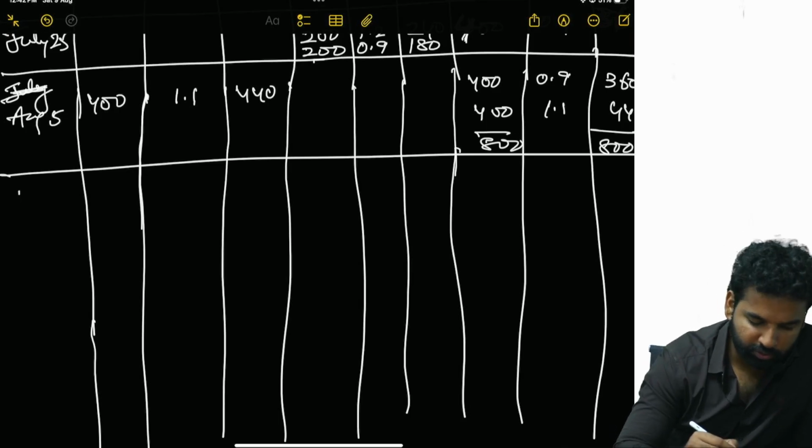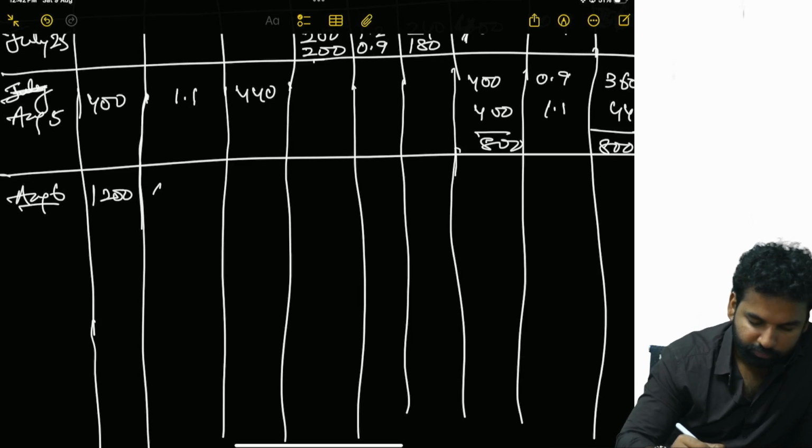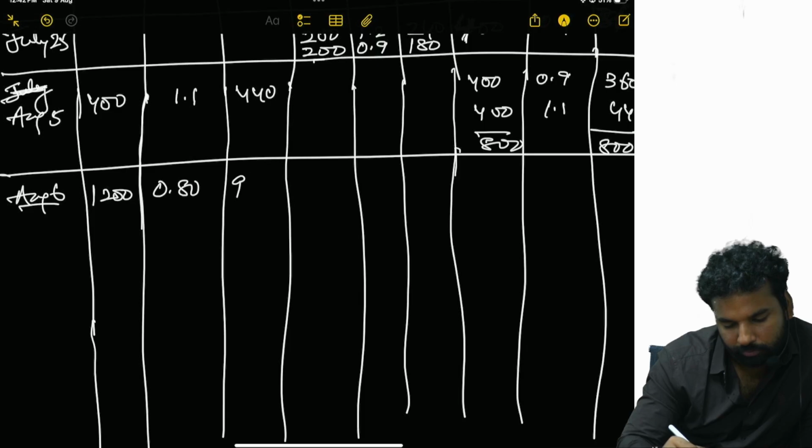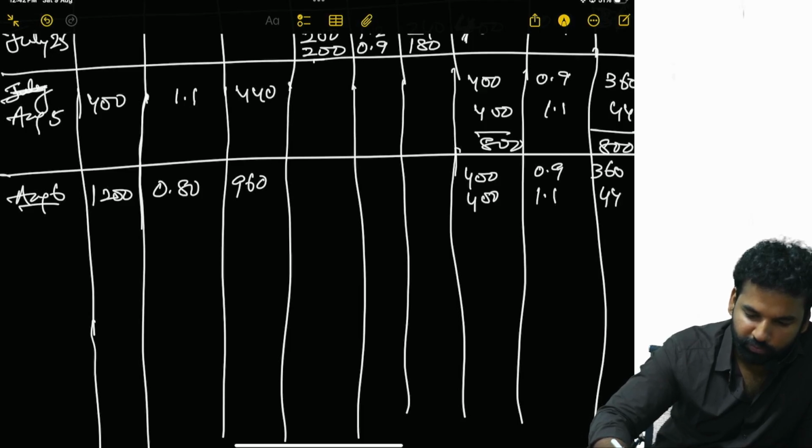Okay, next, August 6. Purchase. How many? 1200 purchased at 0.8. How much? 960. So stock will be 400 at 0.9, 360, and 400 at 1.1, 440.